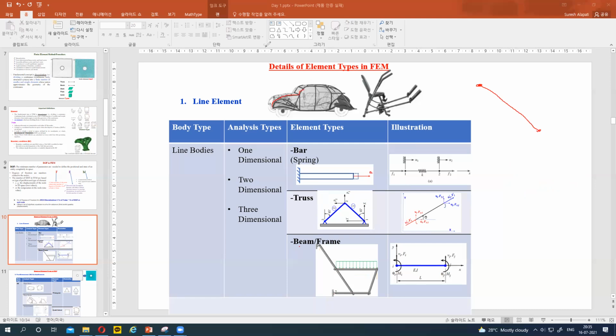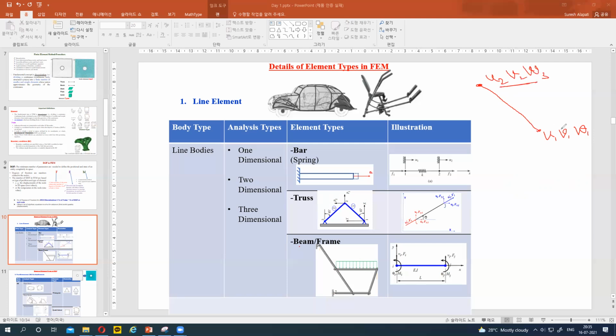So that means we have to find x1 and y1, displacement at each node. X direction displacement at each node, y direction displacement at each node, and z direction. Similarly here, x direction displacement, y direction displacement, and z direction displacement.